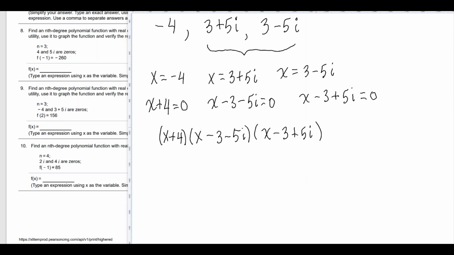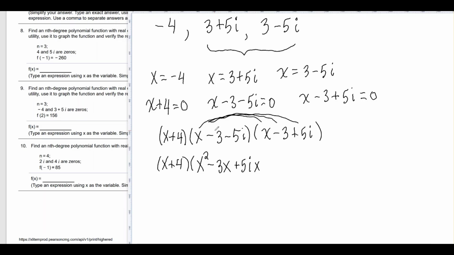Now we're going to have to carefully multiply this together. So I'm going to do the conjugates first. Leave x plus 4 there. And here I've got to carefully multiply x times everything. So that's x squared minus 3x plus 5ix.